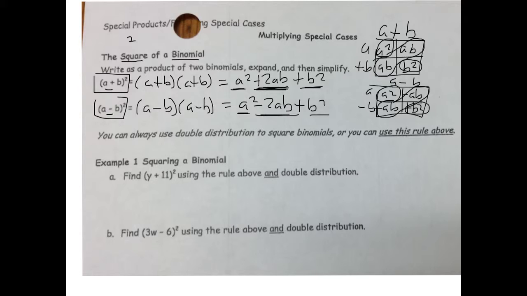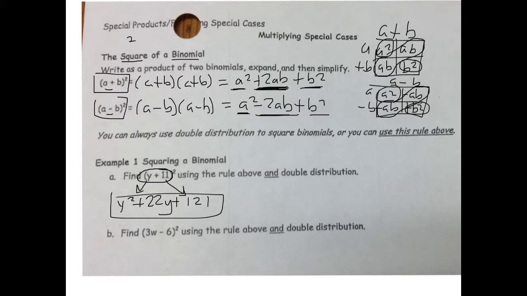Okay? So to do (y plus 11) squared, all we do is square the y, and that becomes y squared. We square the 11, and that becomes 121. And in the middle, you multiply these together. 11 times y is 11y, and then because there's a 2 on this, you double it. So 11y doubled is 22y.